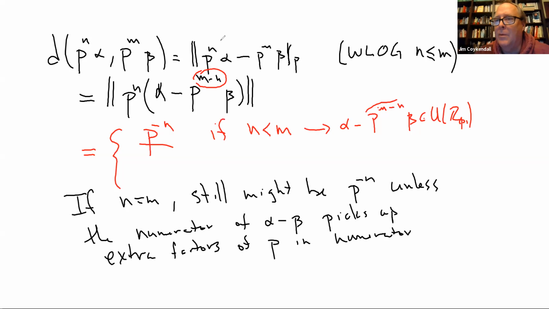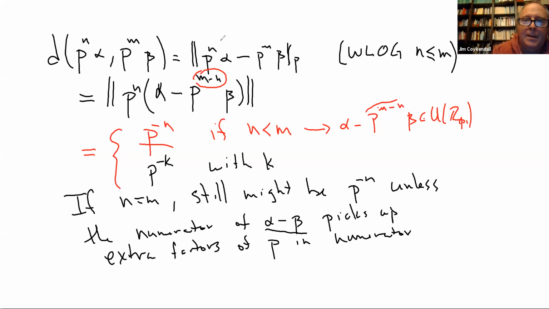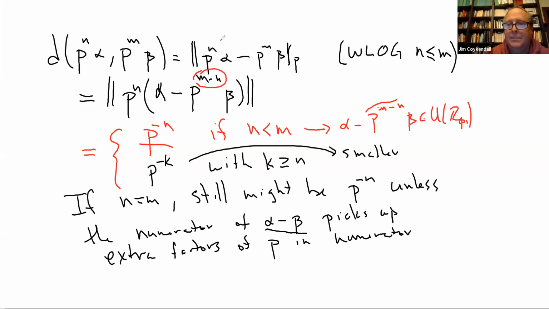That could certainly happen, right? Because when you regroup alpha minus beta together, you might get extra. You're still going to have a denominator that's relatively prime to p, because when you multiply denominators, they just multiply. You can't pick up a p that way because it's prime, but you might pick it up in the numerator. But in that case, then what you have is p to the minus k with k greater than or equal to n. So in other words, this is smaller. Everybody okay with that?